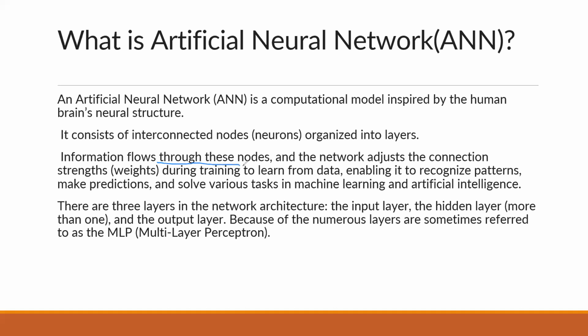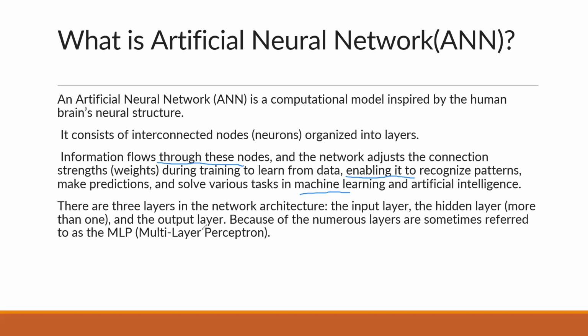Now, how are these nodes connected? These nodes are connected by connections which have weights. Every node is assigned some weight that is used for processing the information from one layer to another. Second, it enables us to recognize patterns, make predictions, and solve various tasks in ML and AI.